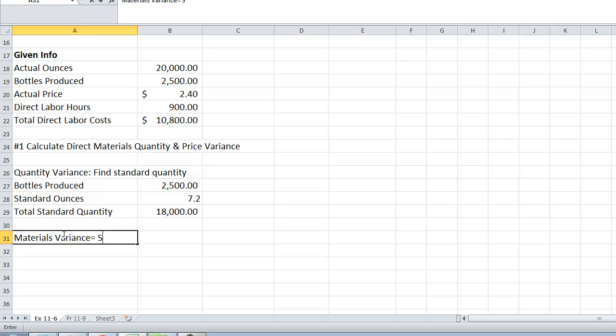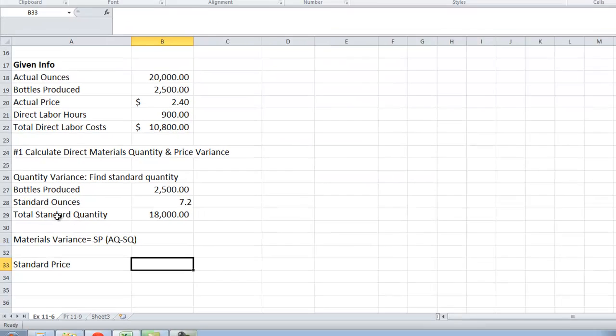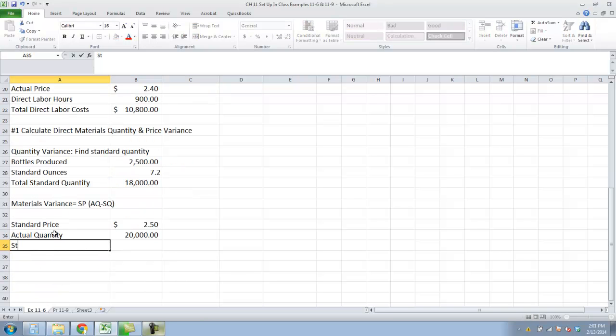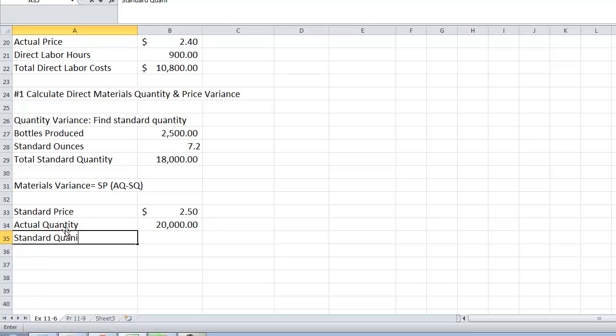Now, materials quantity variance equals standard price times actual quantity minus standard quantity. Alright, so what's our standard price? Well, that's given in the problem. Standard price is $2.50. Our actual quantity is 20,000 ounces. And our standard quantity, we calculated, was 18,000 ounces.